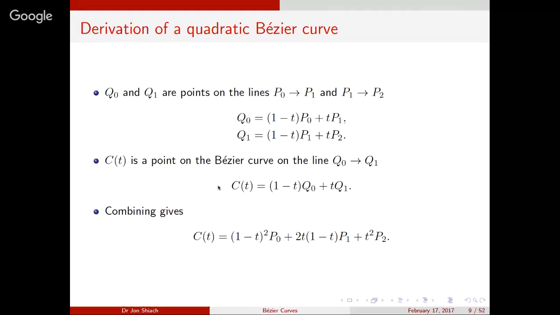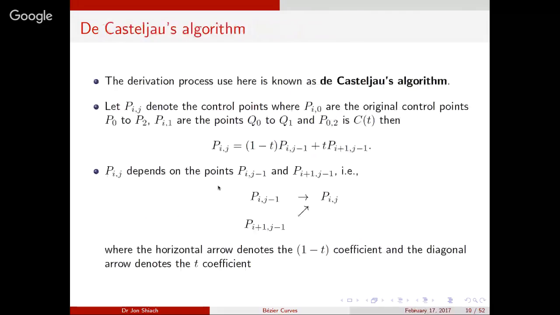If we take only a few values of t, it'll look jagged. So essentially, we're still drawing straight lines between those points on our curve. So the more values of t you have, maybe 100 values between 0 and 1, the smoother your Bezier curve will look. Okay, so that's the derivation of a quadratic Bezier.